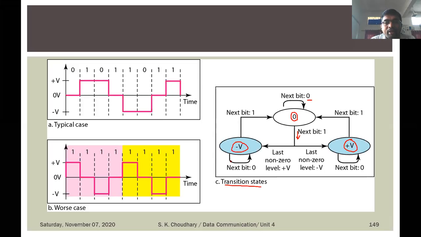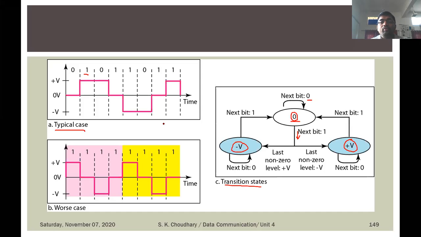And that we will verify through this particular waveform. This is the typical case of MLT3. You have started at the zeroth level, you are presently at the 0 level and the next bit is coming as 1. So you are at 0 and the next bit is 1. Then which state will you transmit?